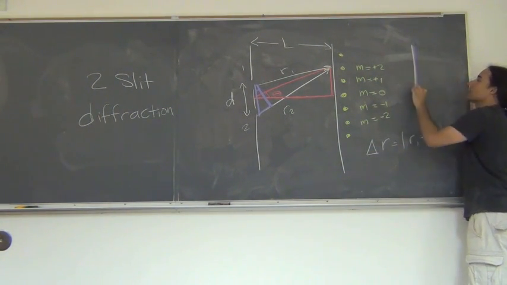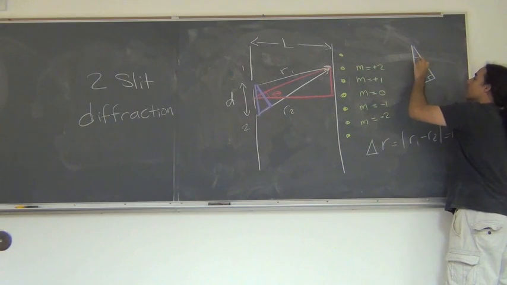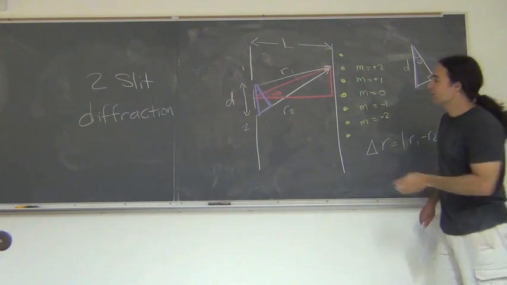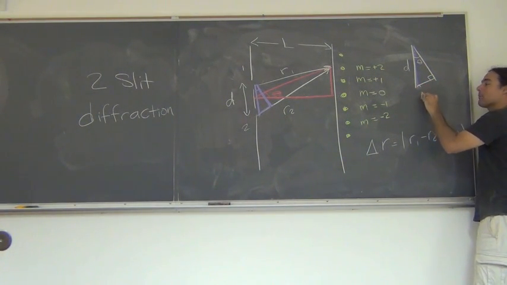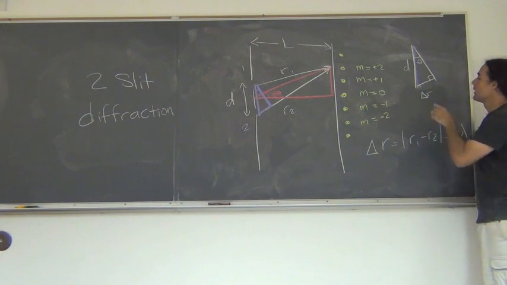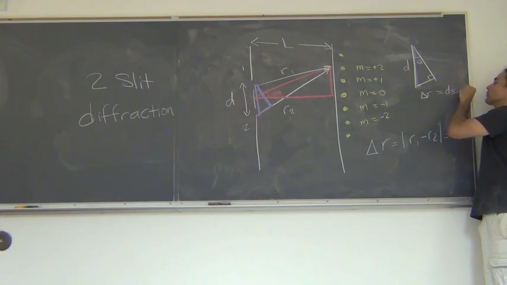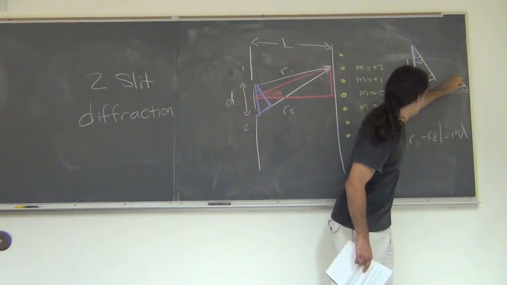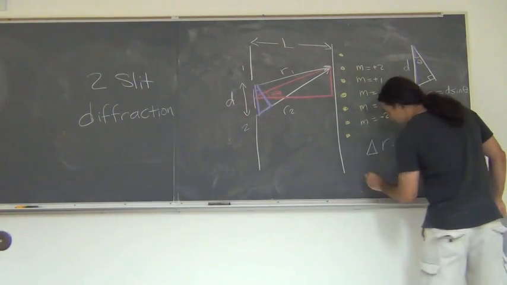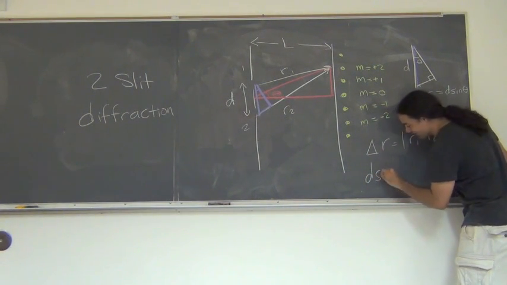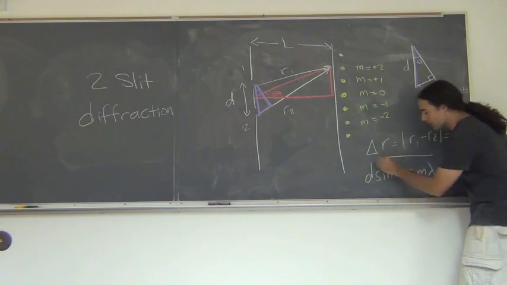I'll draw this in white just so we can see it better. My purple triangle right there has an angle theta here. D is still the distance between the slits, but then this side is my path length difference. By geometry, we can see that this has to be d sine theta, just by SOHCAHTOA. If that's d sine theta, then d sine theta has got to be m lambda to get constructive interference.